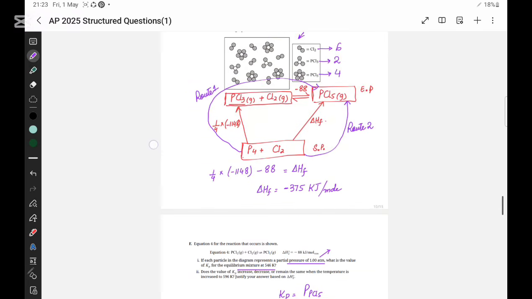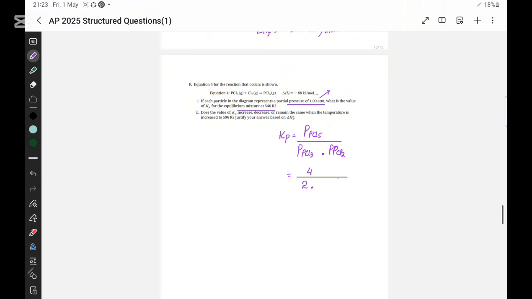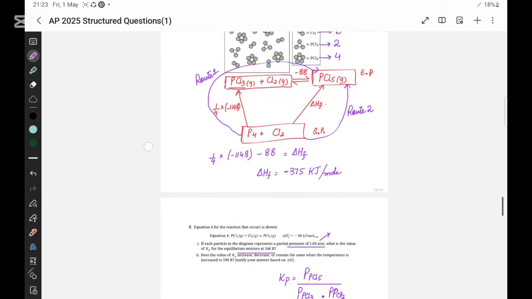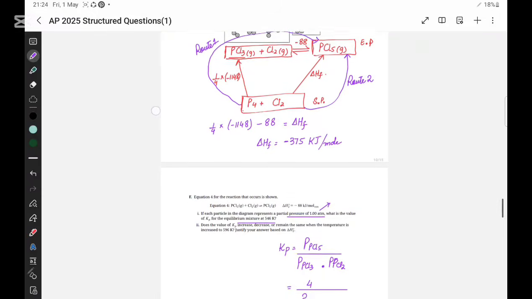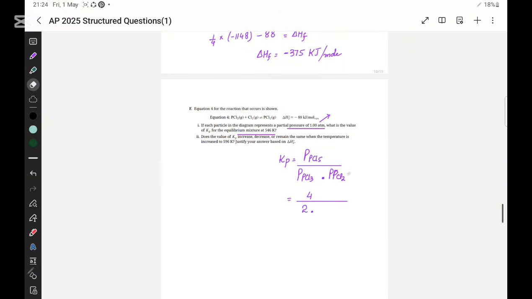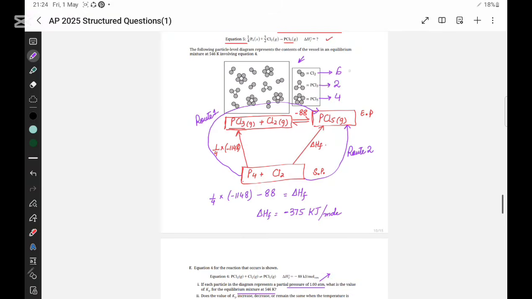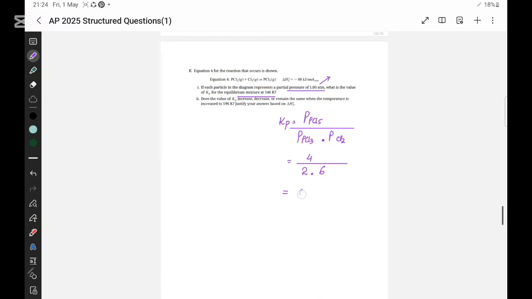For partial pressure of PCl3 I have 2 particles, I'm going to put 2 here. And for partial pressure of Cl2, only the chlorine is there, so chlorine particles are 6 there, you can see they are 6. So when I'm going to put it here, the answer comes out to 0.33.